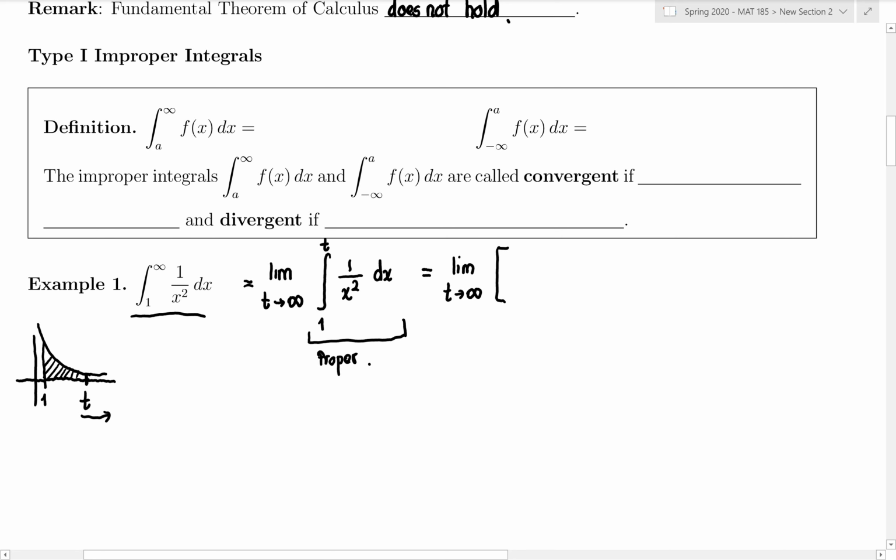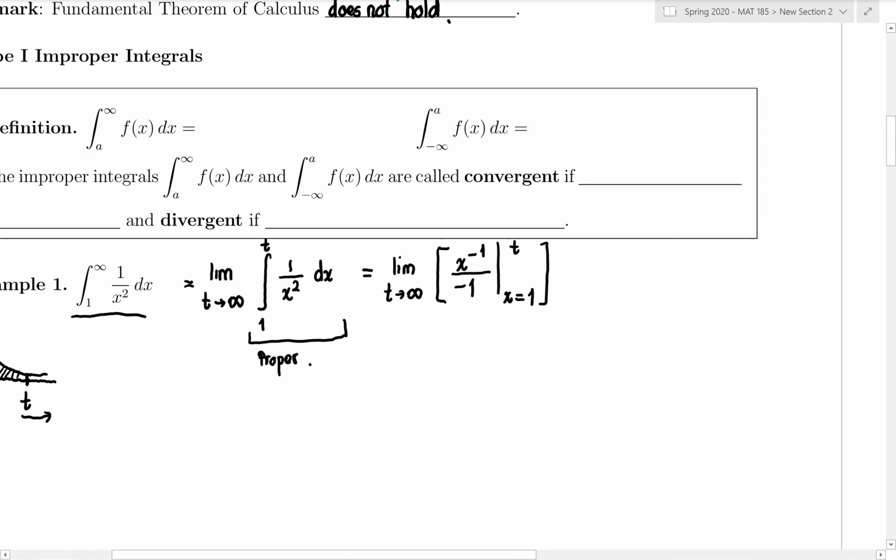So 1 over x squared, I can write as x to the negative 2. And the integral of x to the negative 2 is x to the negative 1 over negative 1, as x goes from 1 to t. So this now becomes the limit as t approaches infinity. Plug in t, so I get negative 1 over t, because x to the negative 1 is 1 over x, minus negative 1.